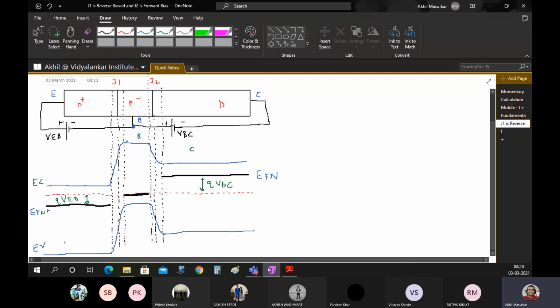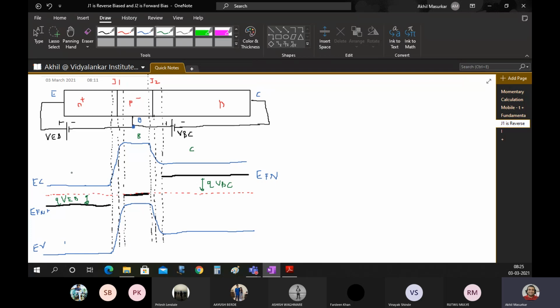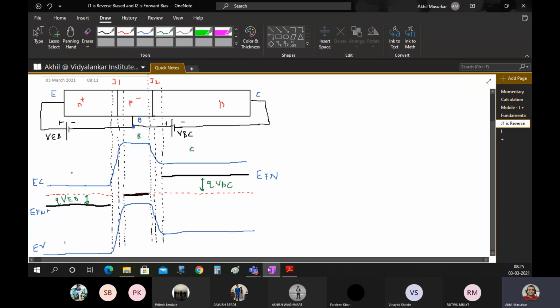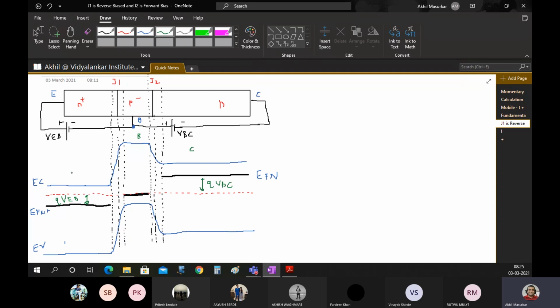So these electrons will accelerate with a very high velocity and come into the emitter. But the emitter is small in size and not designed to handle such high energy electrons, and that is the reason why we do not inject electrons from the collector into the emitter. The device is not designed to handle the current which is going to come from collector to emitter.